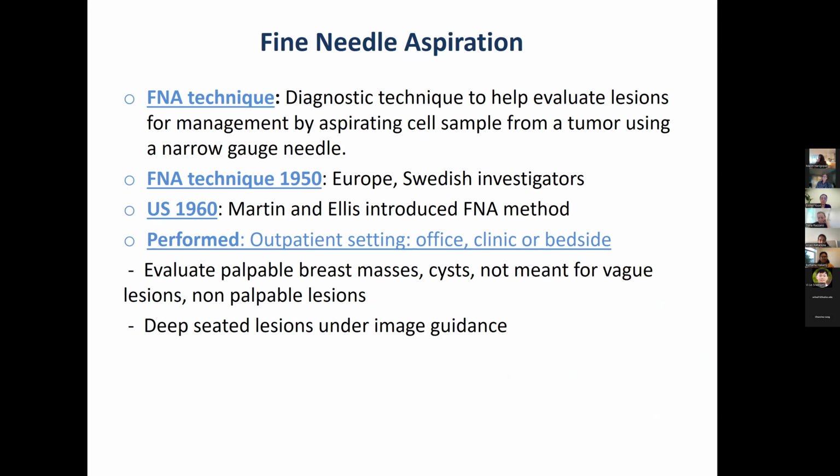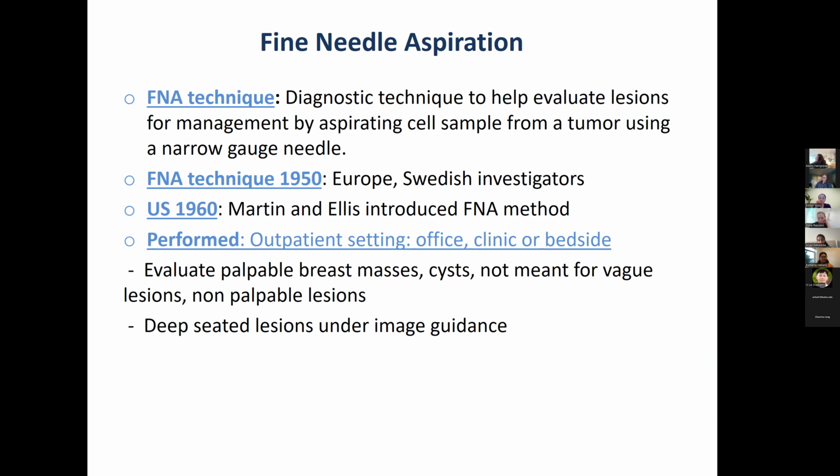So the technique of fine needle aspiration itself is a technique that can be learned, but it needs a lot of practice. This is a diagnostic technique that helps get cells out of the tumor using a very thin needle.